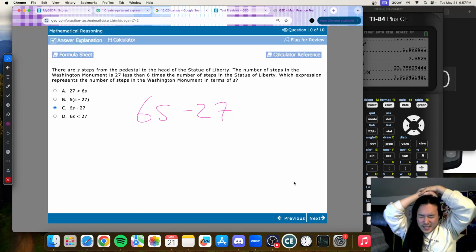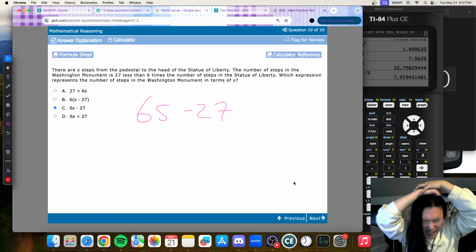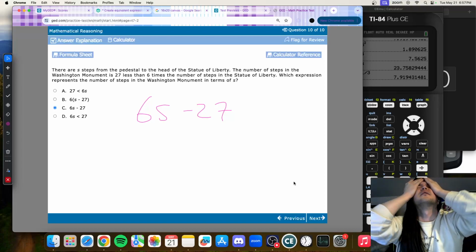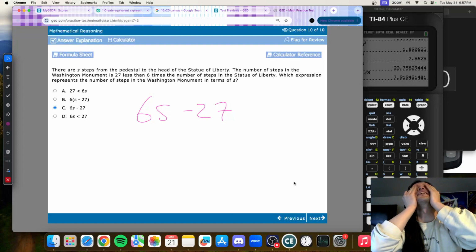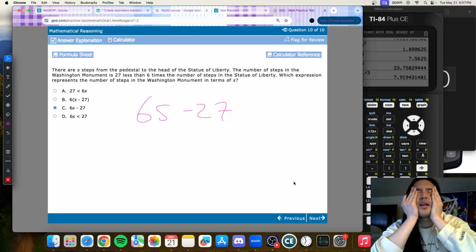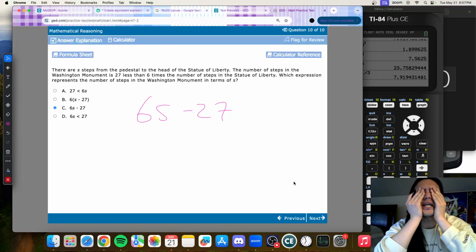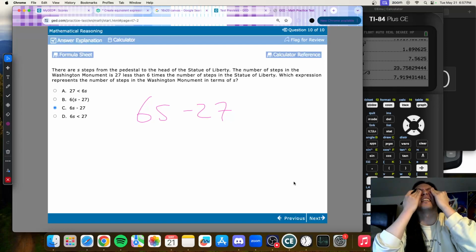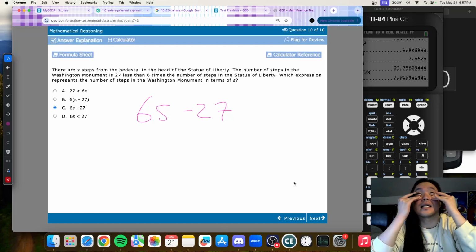Yeah, so it's definitely not A, right? 27 less than 6 times. If I have 3 less apples than Jake, then you take the number of apples Jake has and subtract 3. It can be easy to get confused about the phrase less than.